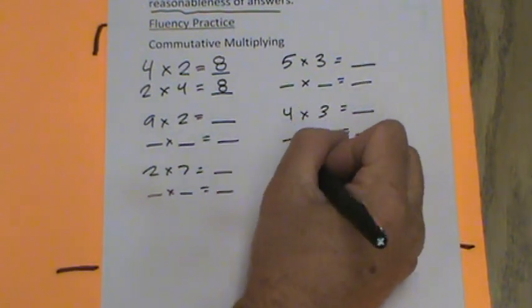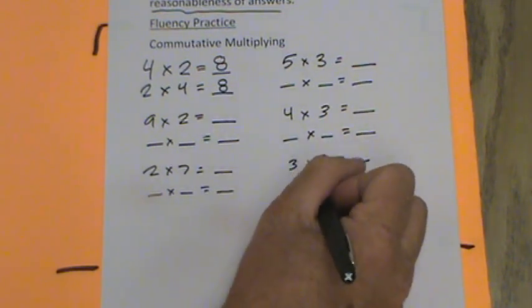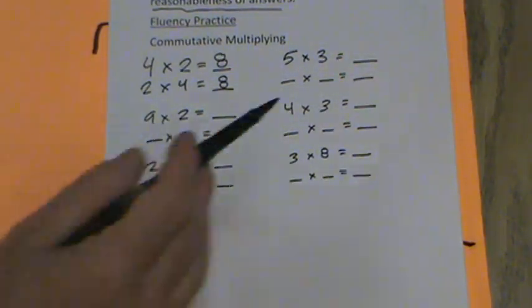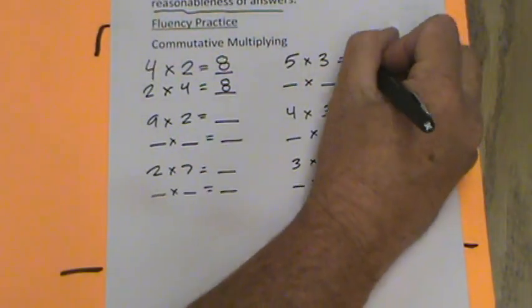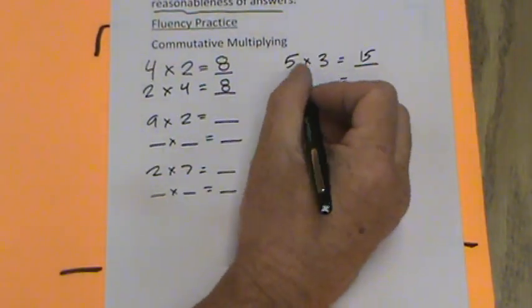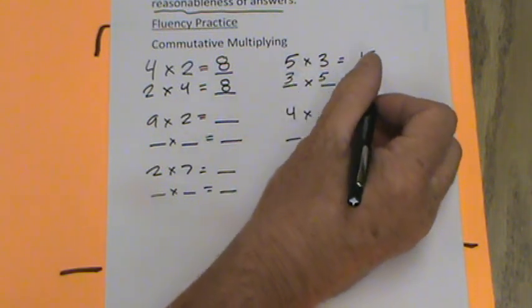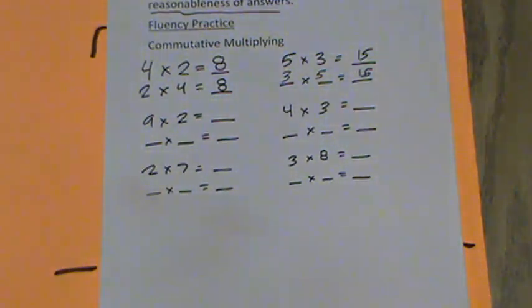And one more. All right, let's go ahead and get started. And we'll start off with our 5 times 3, 5, 10, 15. And then so we use the commutative property to do 3 times 5 equals 15. Get the gist? Go ahead and complete the rest of those on your own. Go ahead and pause the video. I'll let you finish. Don't think it'll take you smart folks too long.